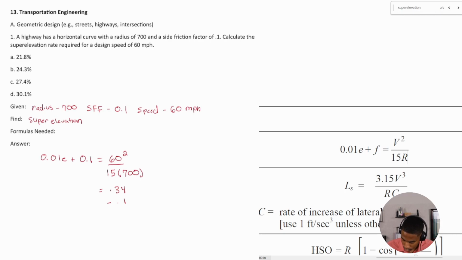And so I get my E is equal to 24.3%. Okay, so I get B for my answer.